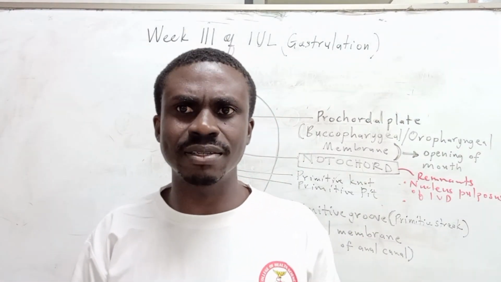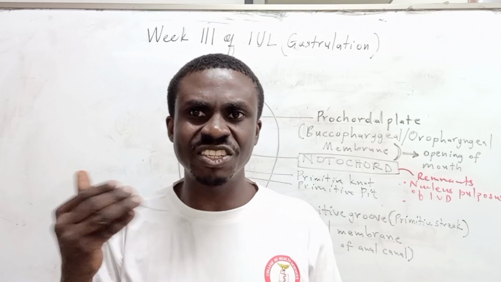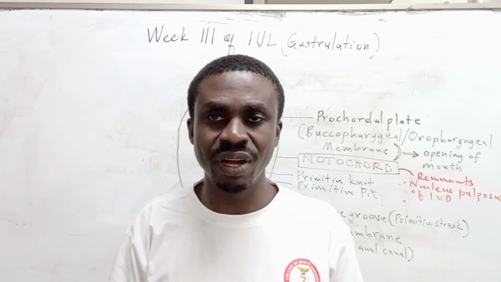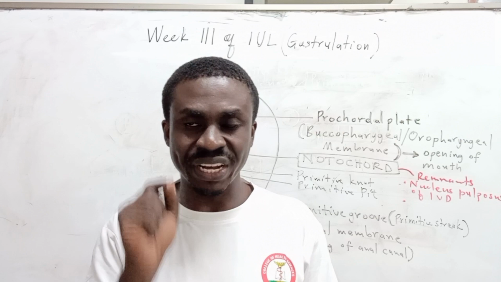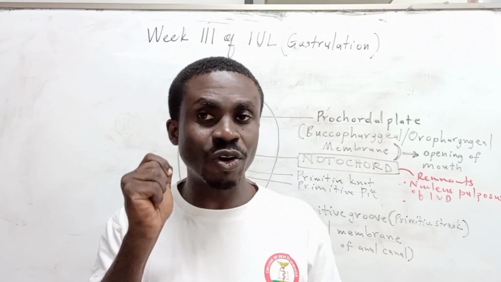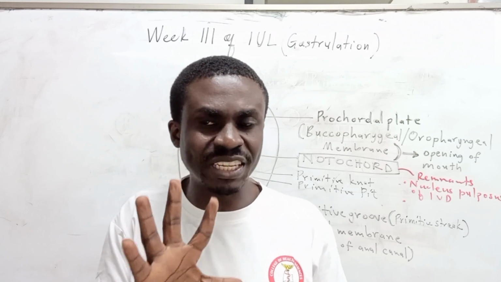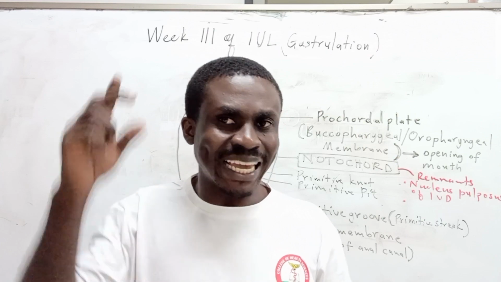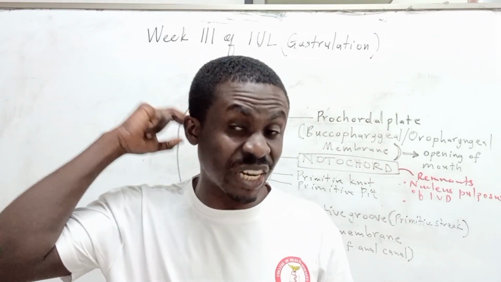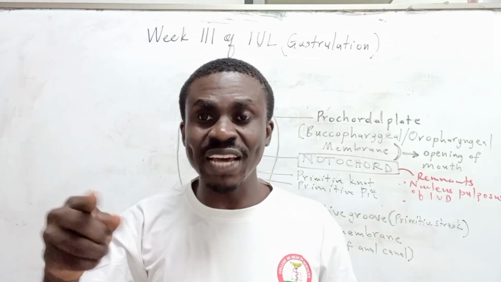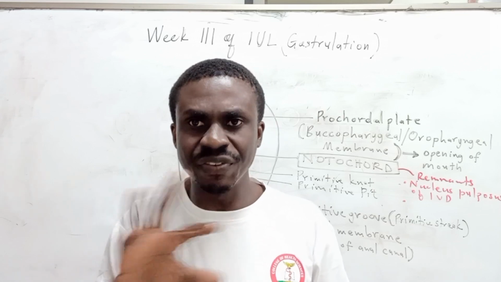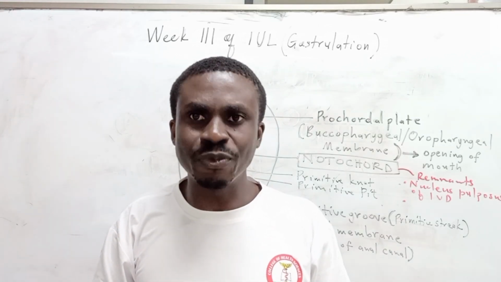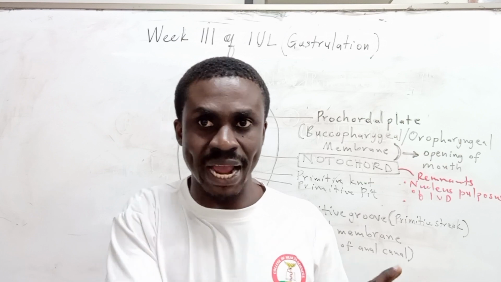Not only that, there's one ligament related to the vertebral column which you call the posterior longitudinal ligament. In the atlanto-occipital region, the posterior longitudinal ligament is given a special name: the membrana tectoria.